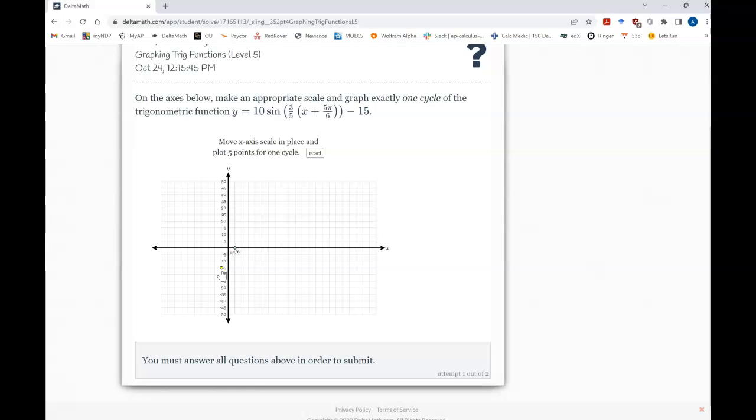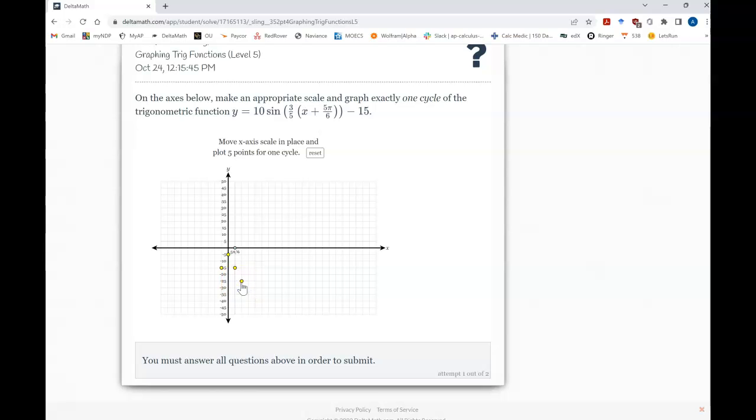So the pattern for sine, we go to maximum next. So I'm just going to go 1 unit to the right, and then up 10. So 1 over 2 up. And then we go back to the midline point. So I'm going to go 1 over 2 down. Then we're going to go to the minimum, 1 over 2 down again.